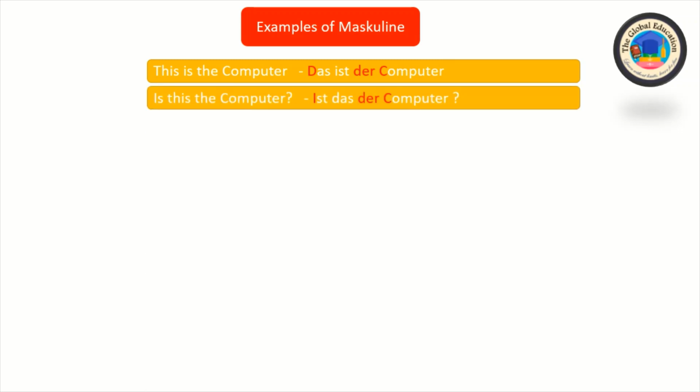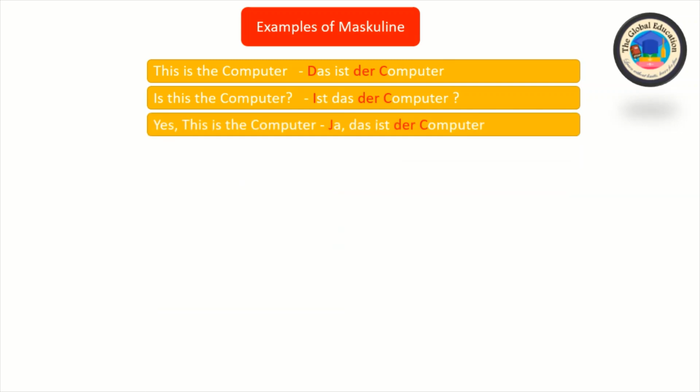Is this the computer? Ist das der Computer? This is the question mark. Like so, we use the verb first and then the rest of the sentence. So ist das der Computer? Yes, this is the computer. Ja, das ist der Computer.